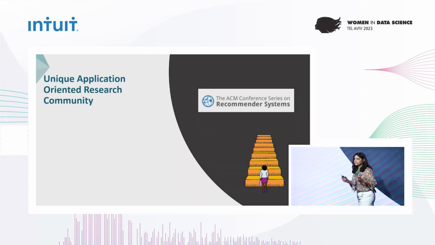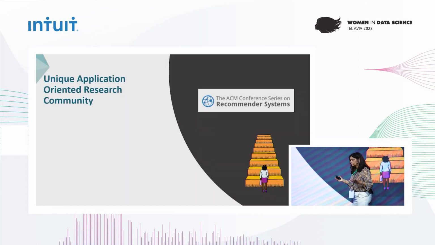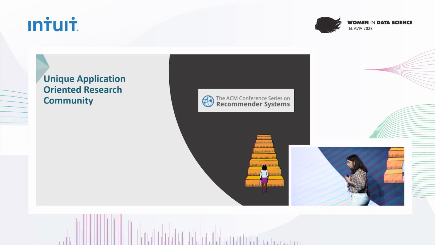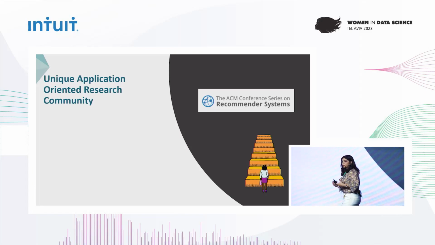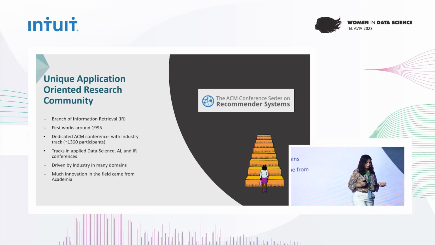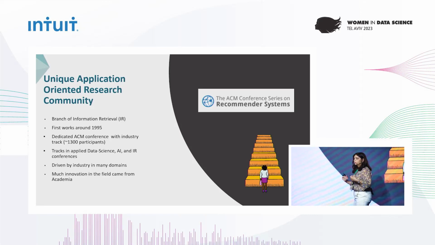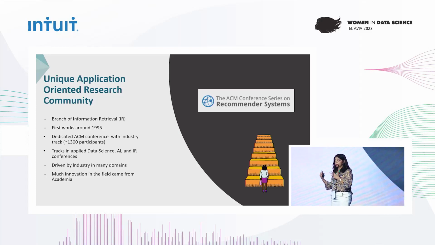Besides being so widespread in industry, recommender systems have a very large research community, which is unique in being very applied. The research community is driven by industry and provides a lot of innovation to the industry.